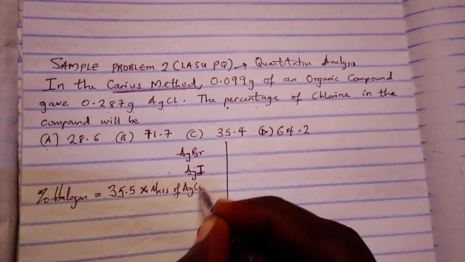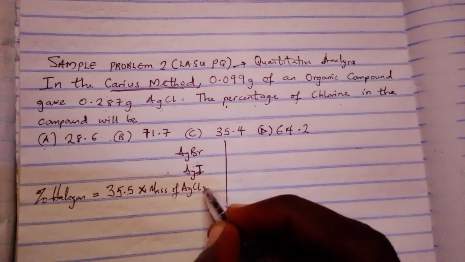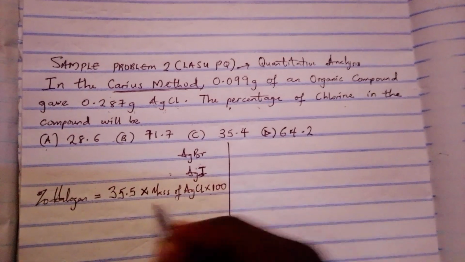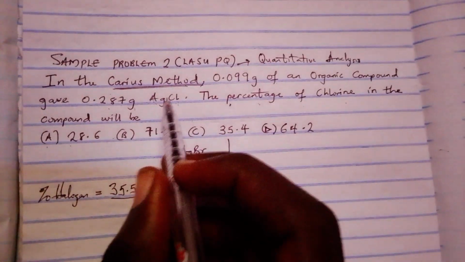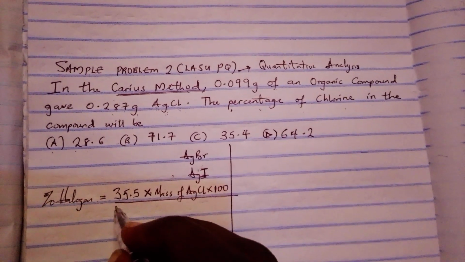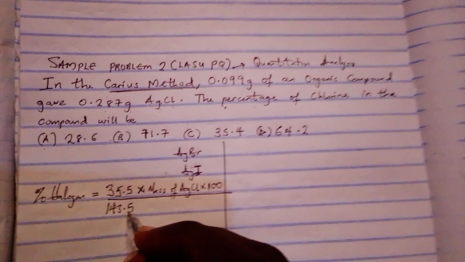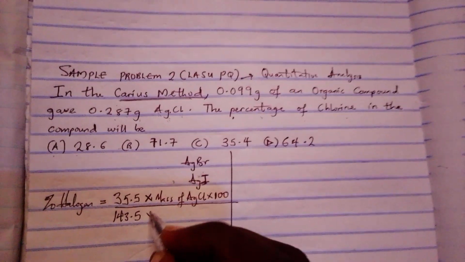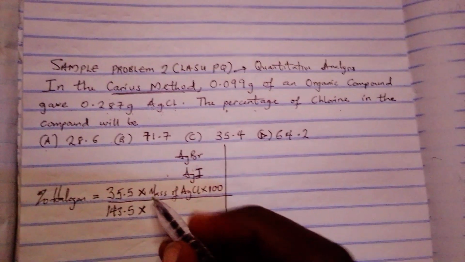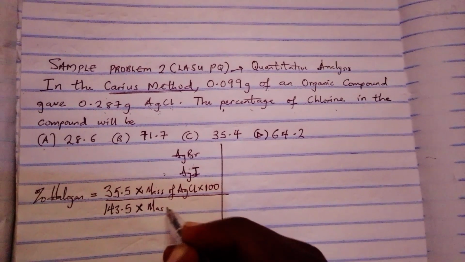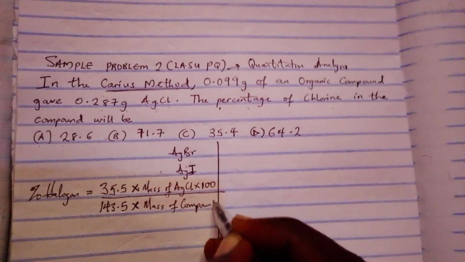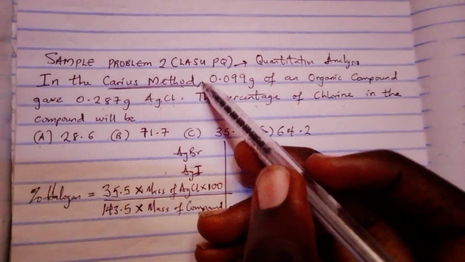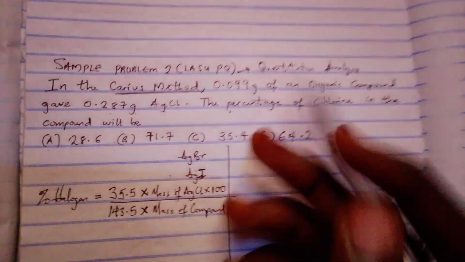For this case we have AgCl, multiplied by 100, all divided by the molar mass of the silver halide, which here is 143.5, the molar mass for AgCl, then multiplied by the mass of the organic compound. They will give us these in the question.